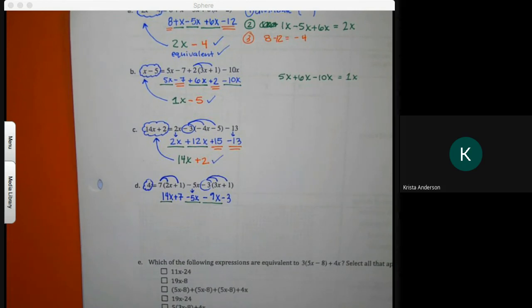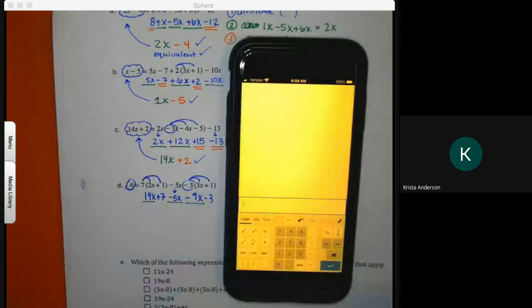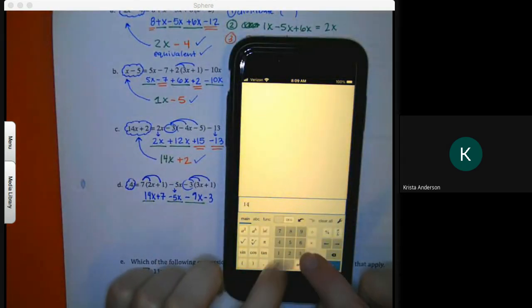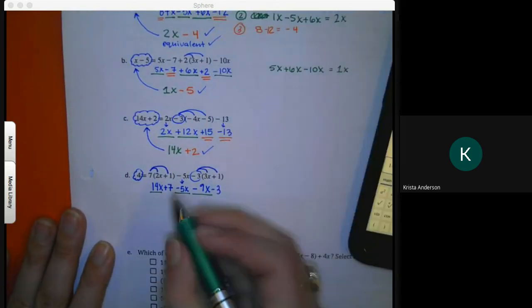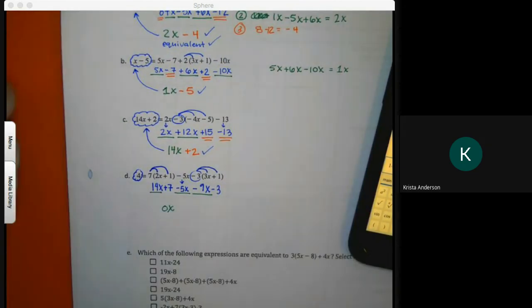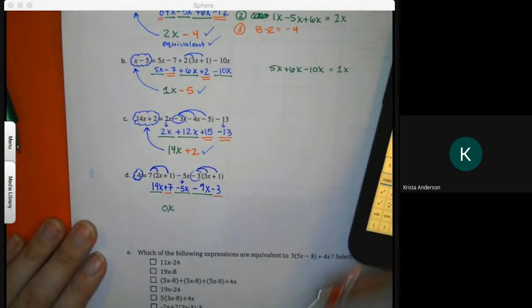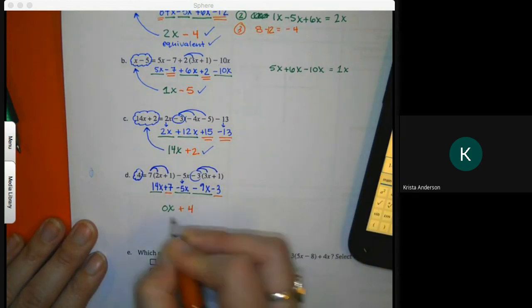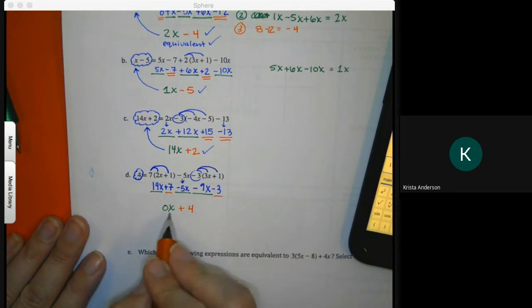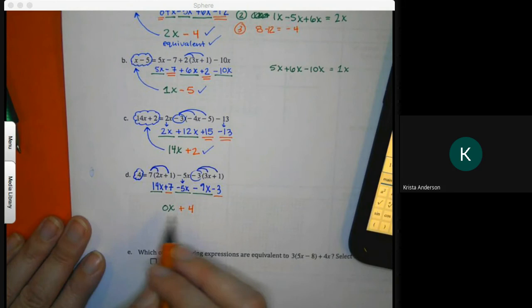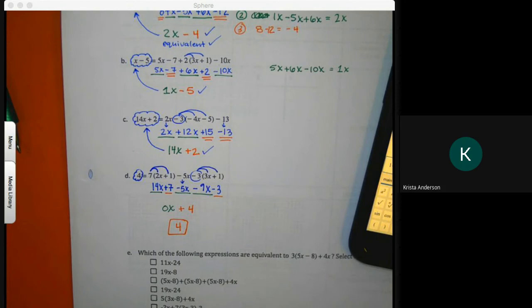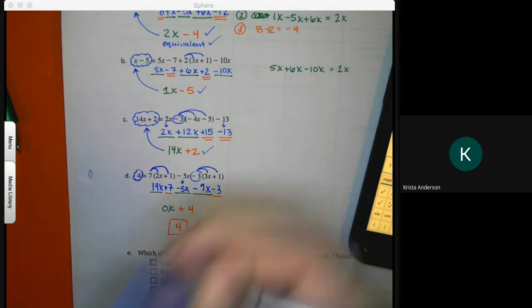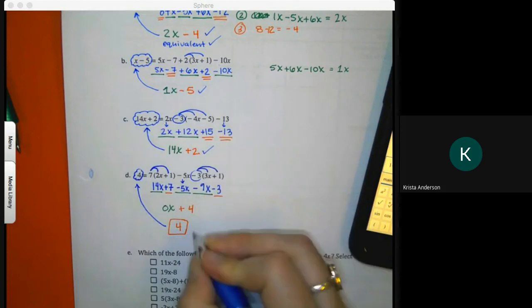If I were to calculate it, I could do it on here. I just leave my x's off. 14 minus 5 minus 9 is 0 x's. What is 7 minus 3? Is this the same thing? If there's a 0x, I don't even need to write it. 0 times the number is just 0. So it did that work. It simplified.